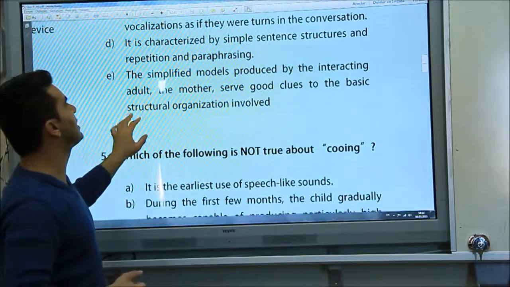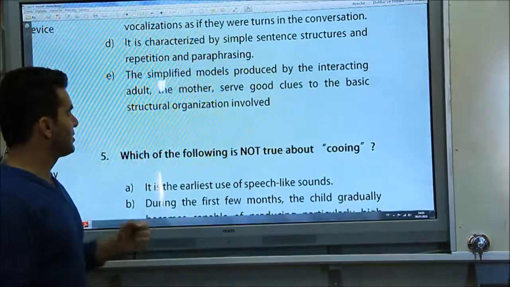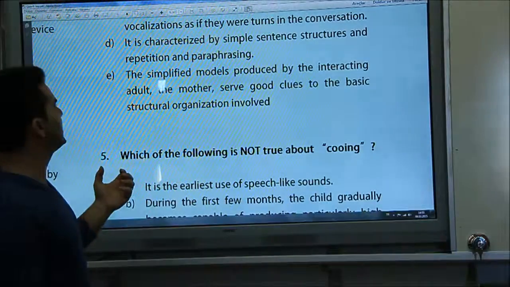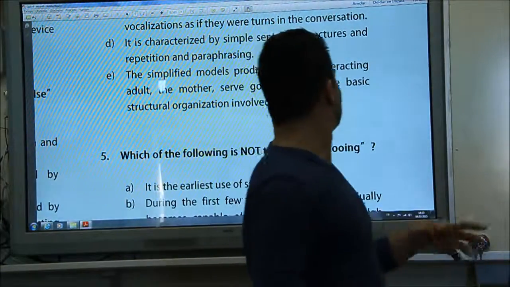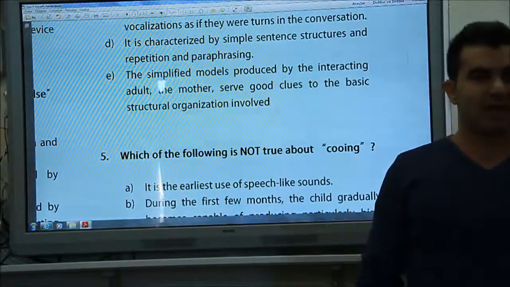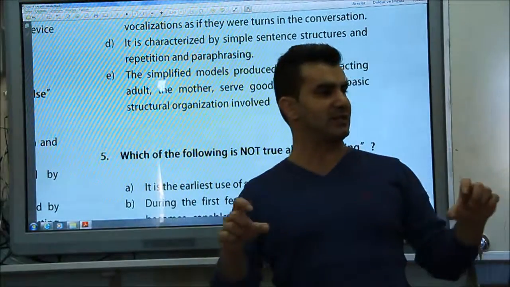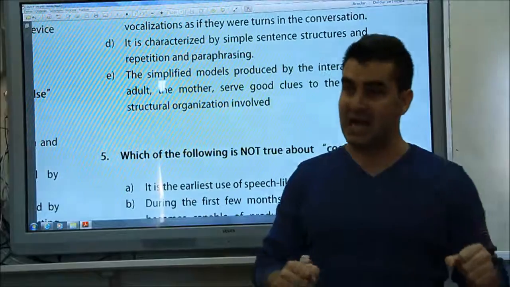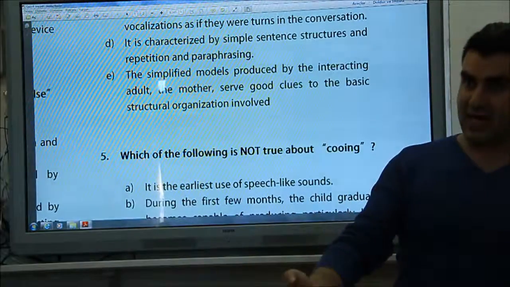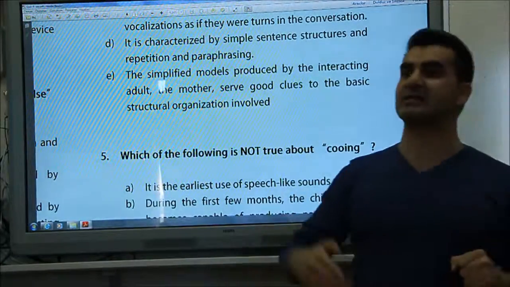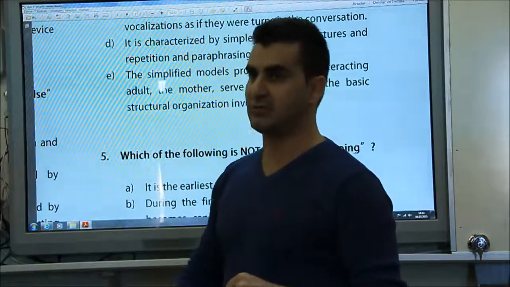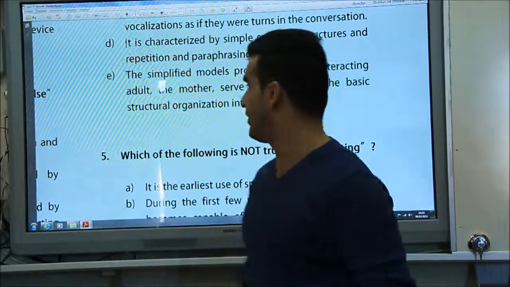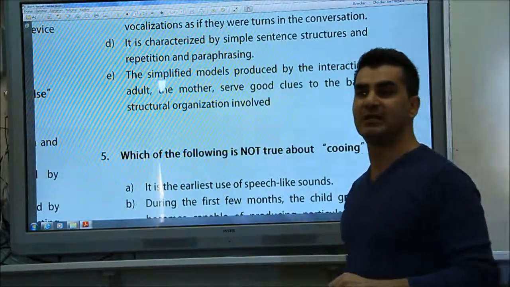It is characterized by simple sentence structures, repetition, and paraphrasing. What do you mean by simple sentence structure? As we said, simplified sentence structure, not long. Yes, rabbit. Instead of yes, there are rabbits, or it is a rabbit. So just simplify. And there's repetition.